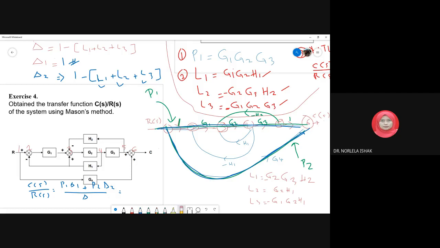Okay, finish exercise 4. Now you can define the easy way how to define the cofactor, right? Cofactor, if we eliminate the loops touching with the K forward path, okay, with the forward path tu, kita delete kan, we delete the loops touching, we remove from the determinant.